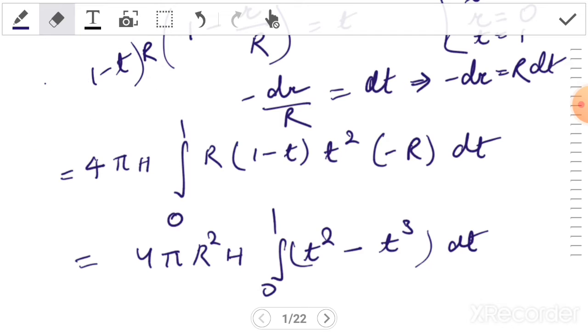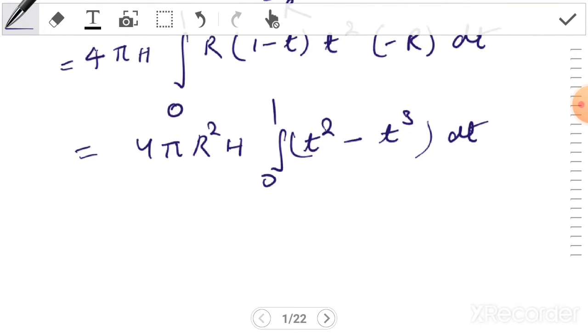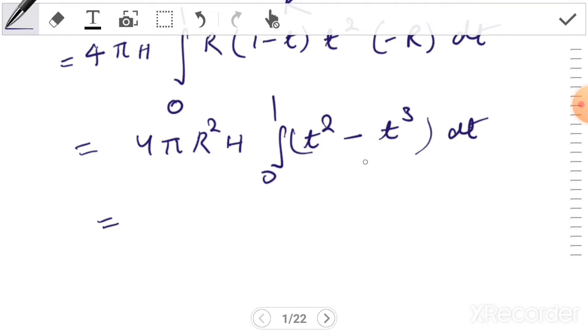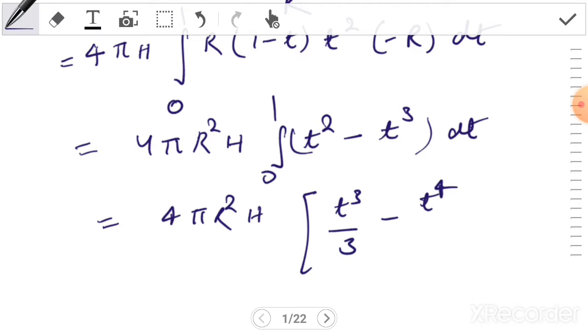So now four pi r square h, so by integrating we have t cube by 3 minus t4 by 4, from 0 to 1.